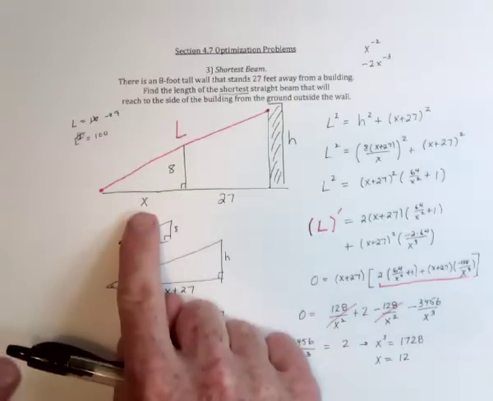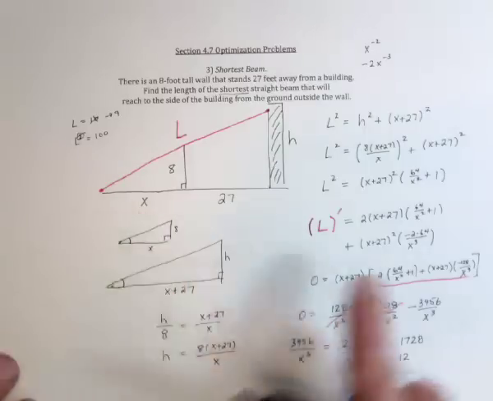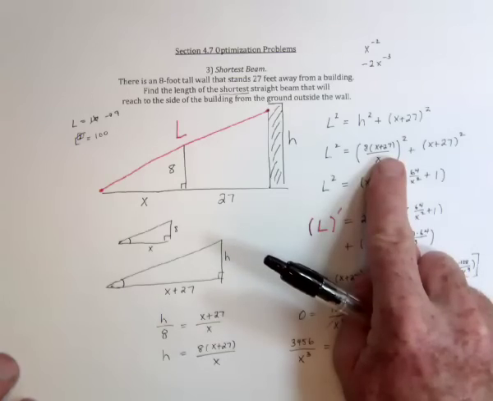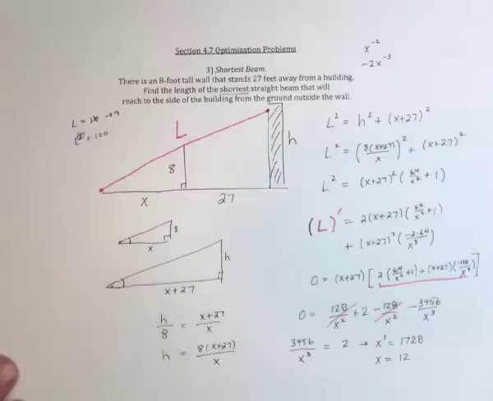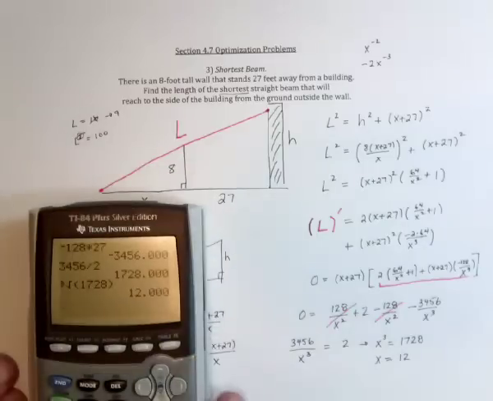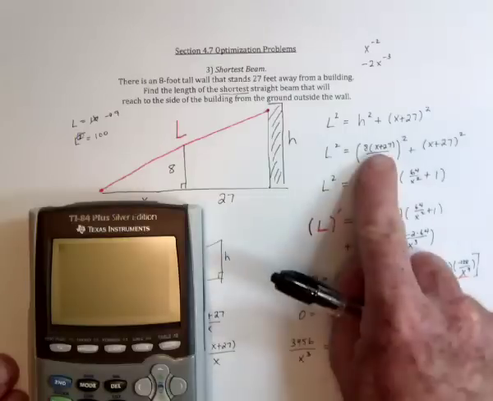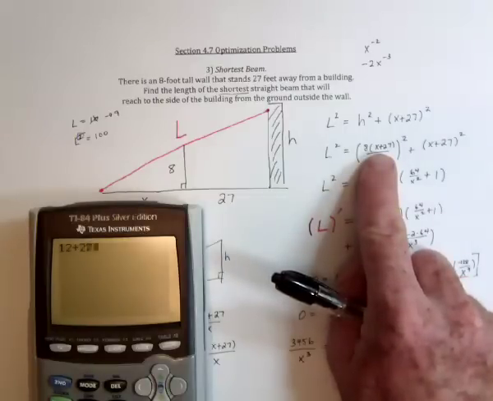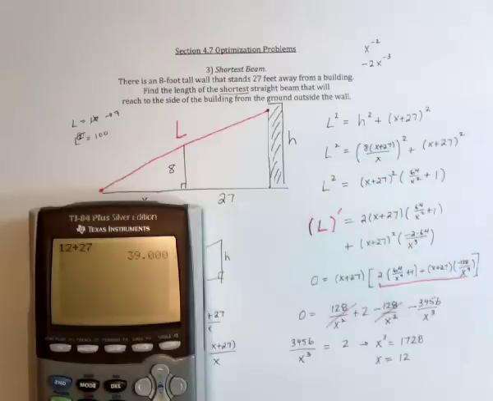So now we need somewhere to find out what should L be. So I think we need to go back to this one and substitute for x. So we're going to have x is a 12, so this is going to be 12 plus 27, a 39, times an 8, divided by the x, which is 12, and then that's squared.